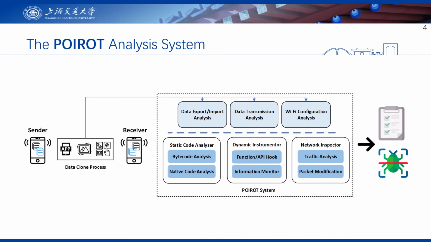To automate the analysis, we designed and implemented Poirot, an analysis system with 3 components: a static code analyzer to reverse engineer the data clone app, a dynamic instrumenter to monitor the data clone processes at runtime, and a network inspector to inspect network packets. With Poirot, we can easily analyze the data clone service.